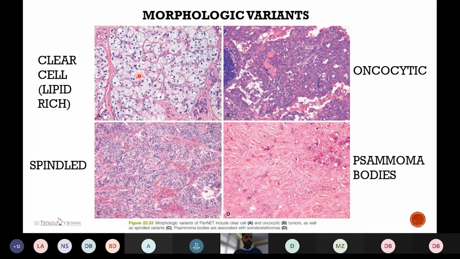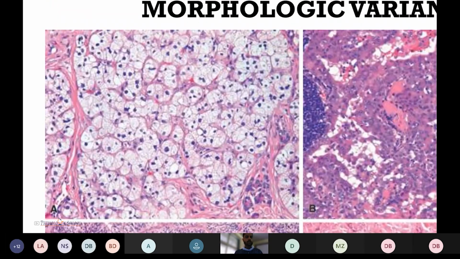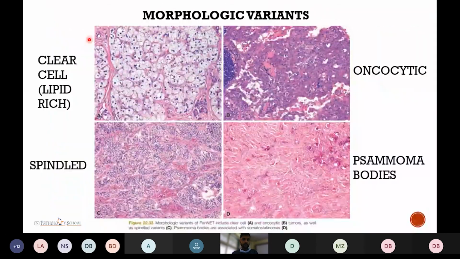As you can see, they have foamy microvesicular cytoplasm here. The typical nuclei present in neuroendocrine tumors are not present here. They are not of salt and pepper chromatin type, and therefore you can misdiagnose this tumor as clear cell RCC. So IHC is important. Again, you can do PAS. PAS shows negativity as there is no glycogen present.